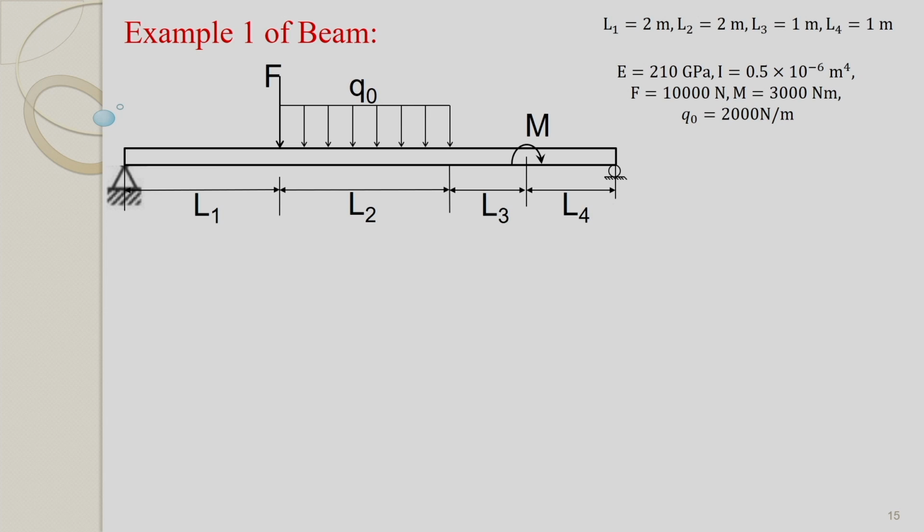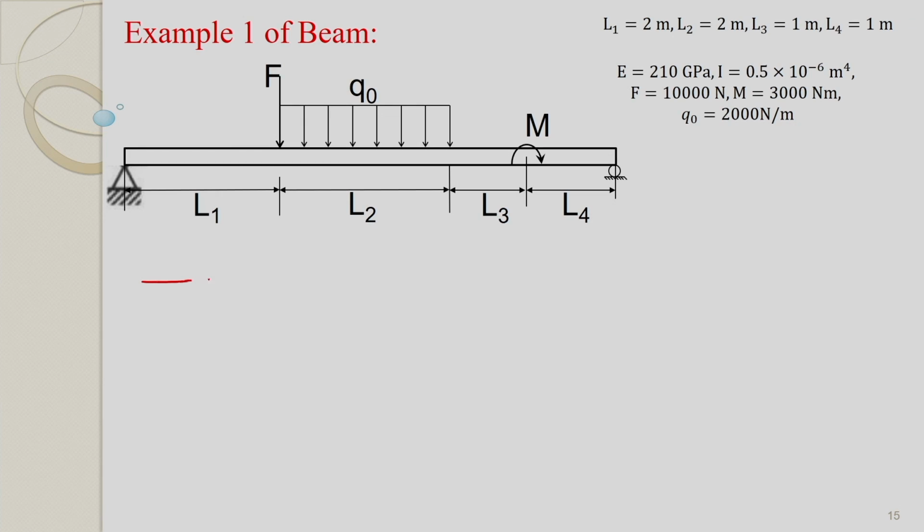First, we have to discretize the domain. We require one node at this point of F. Also, we require one node at the point where moment is acting. We have to take nodes at these 2 points.